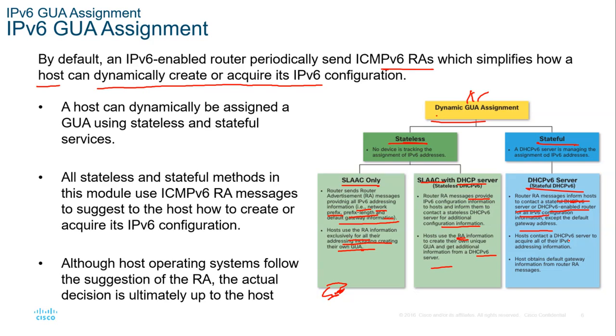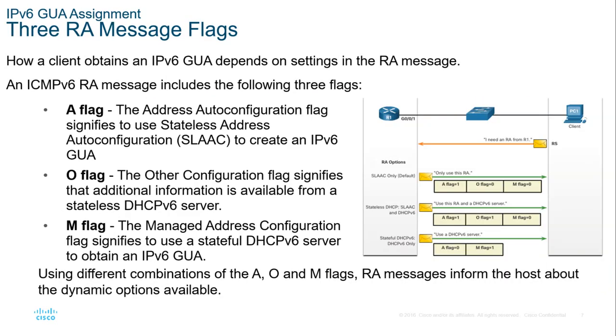So hosts contact the DHCP server to acquire all their IPv6 address information, and obtain default gateway information from the router advertisement message. So there are three flags in the router advertisement messages.